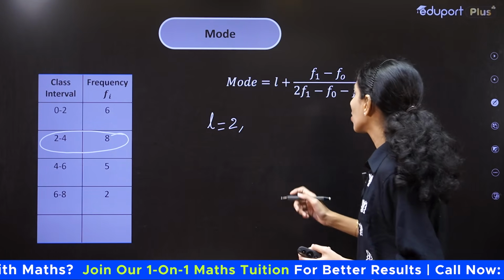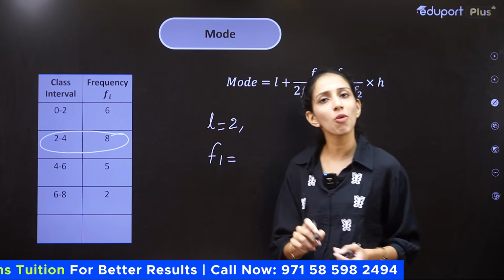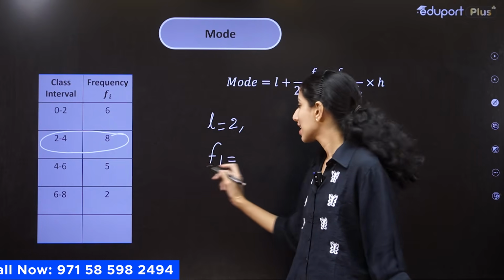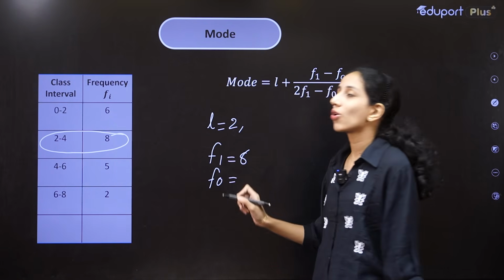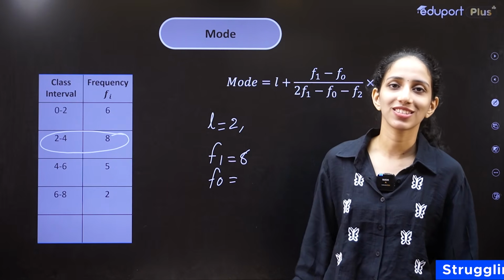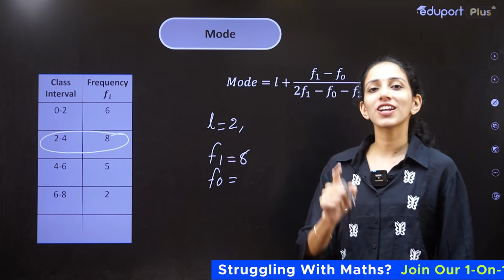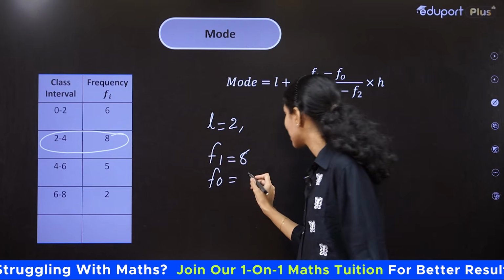So we are going to find F1. F1 is the frequency of the modal class itself. What is the frequency of the modal class? 8. Then what is F0? F0 is the frequency of the preceding class, since 0 is before 1, right? So what is that? Yes, 6.